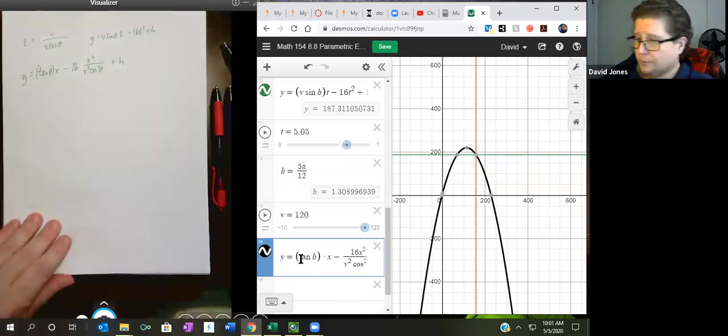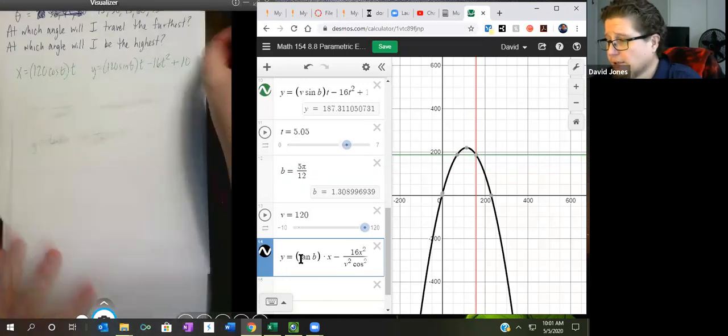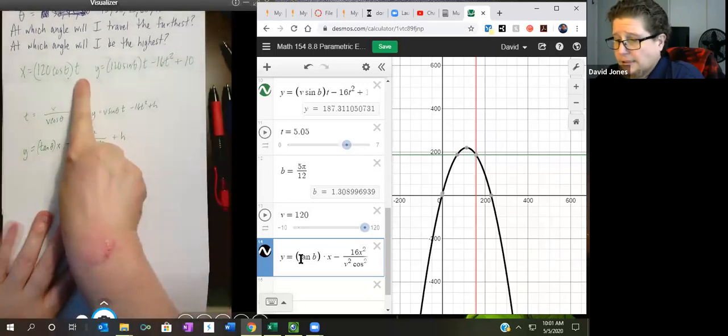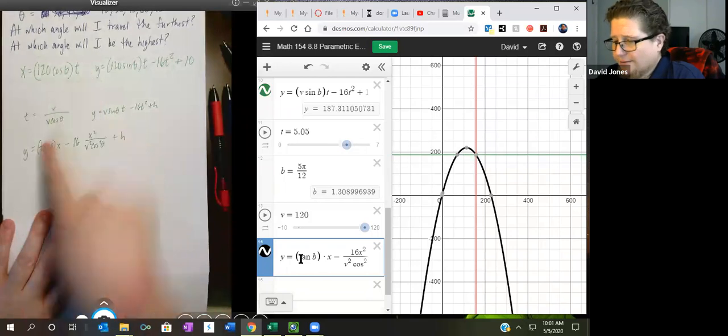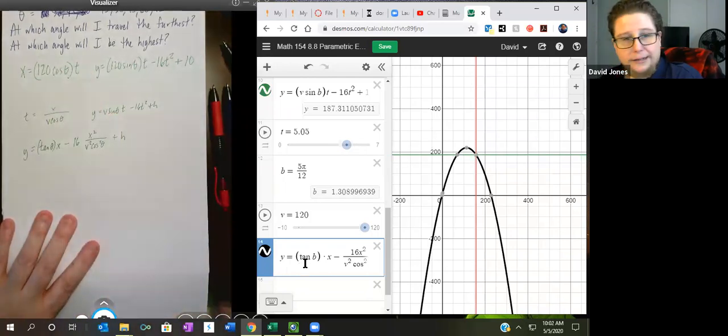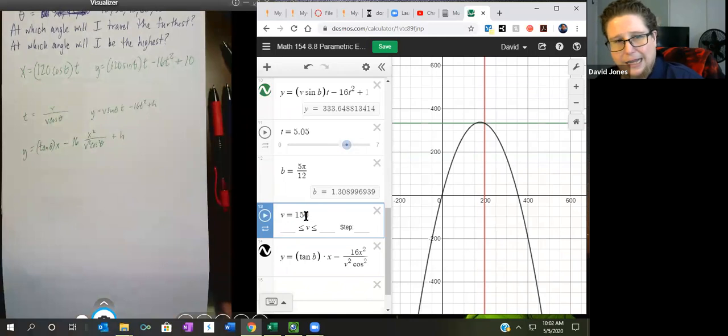So let me put the equations back up. Those are the two I started with. What I did is I solved for t on the x equation. Here I've got v in there. I didn't change it because when I put it in Desmos, I left the v in so I could change the initial velocity anytime I wanted. I can make it so I go further.